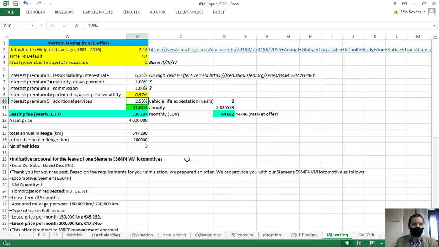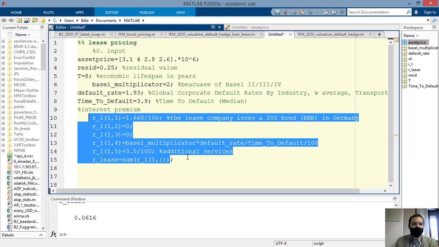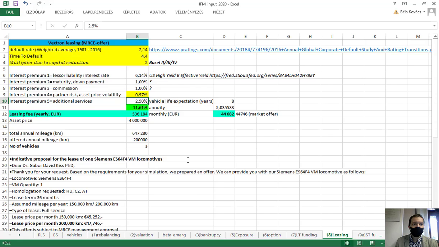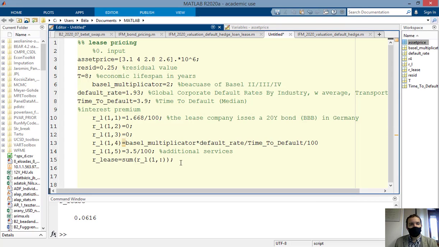Yeah, we can see 6 points. And it's remarkably cheap.